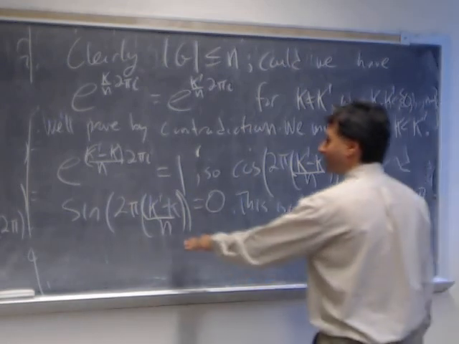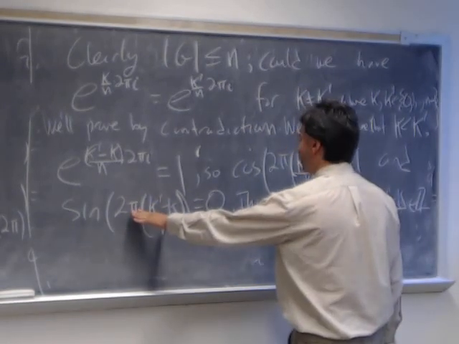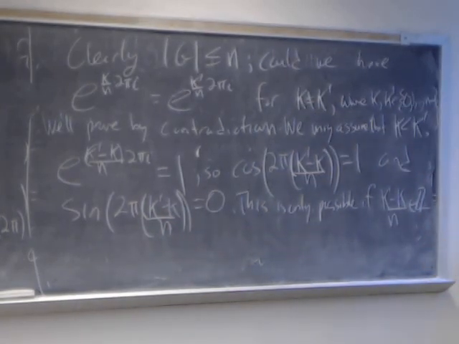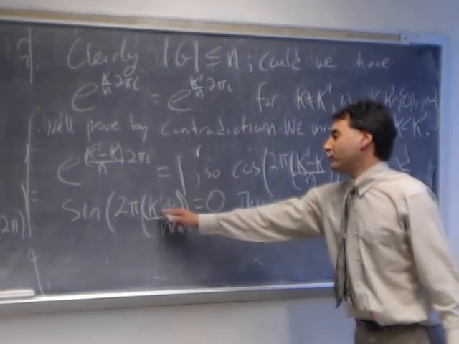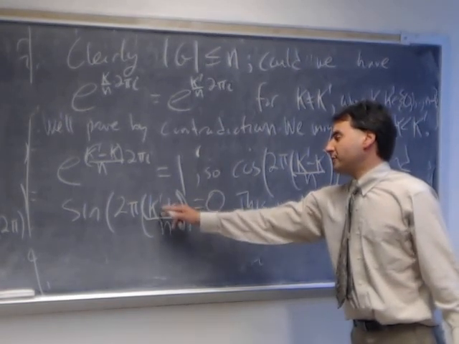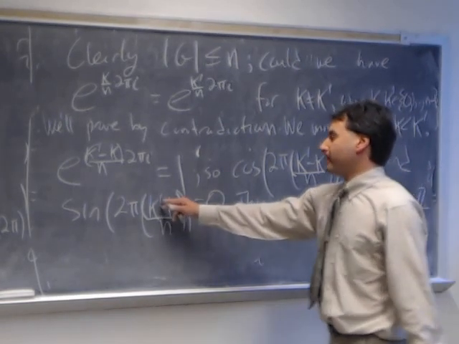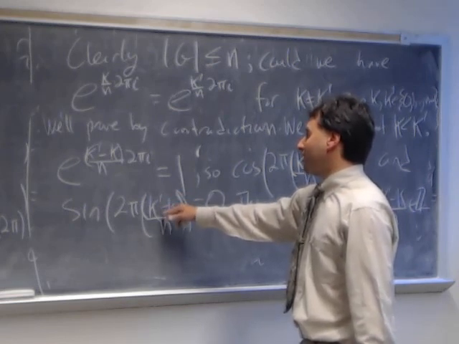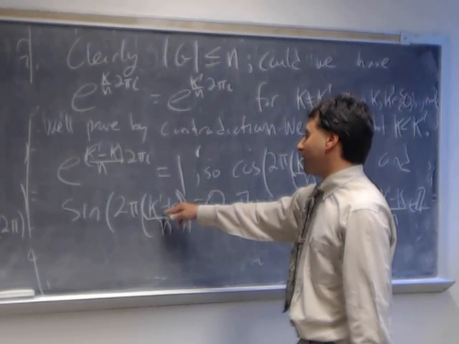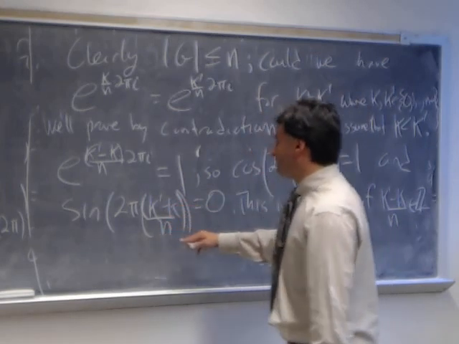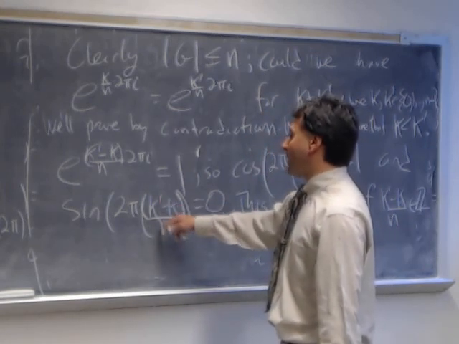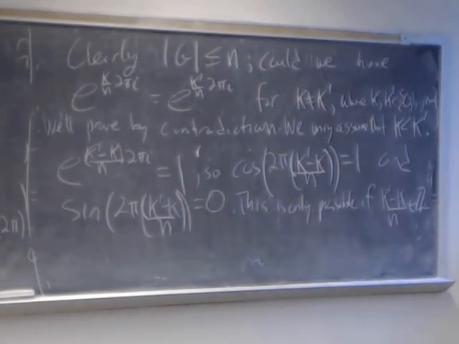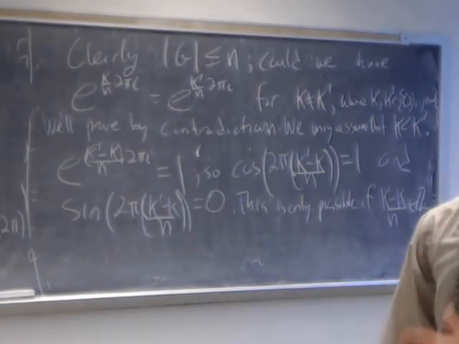If you put a half here, you get a sine of pi, that's 0. But the cosine of pi is equal to -1.